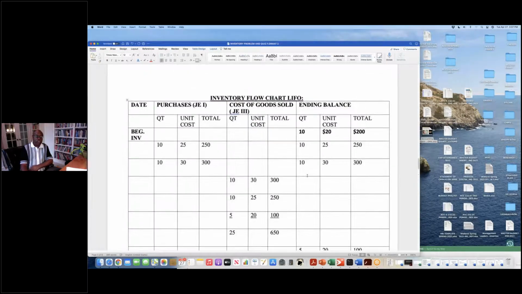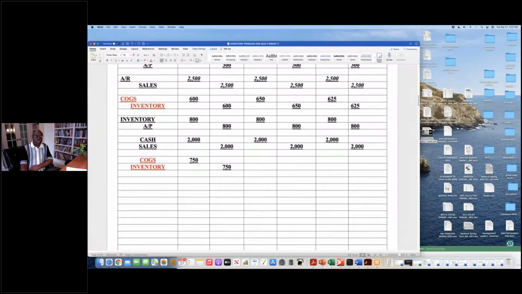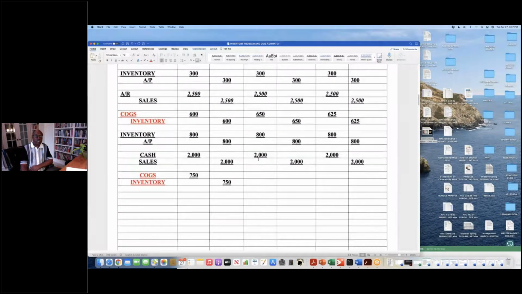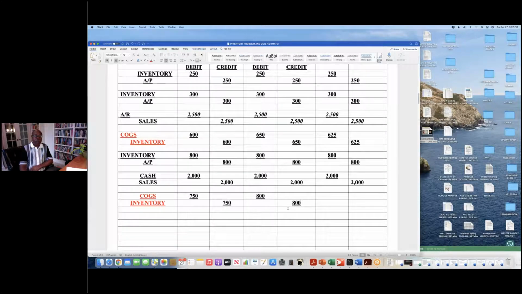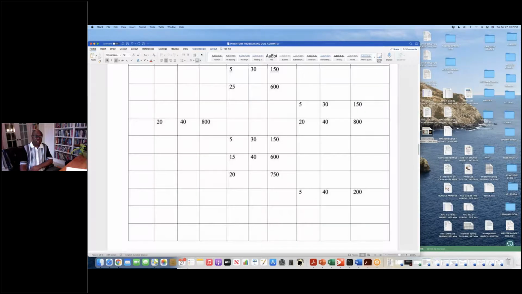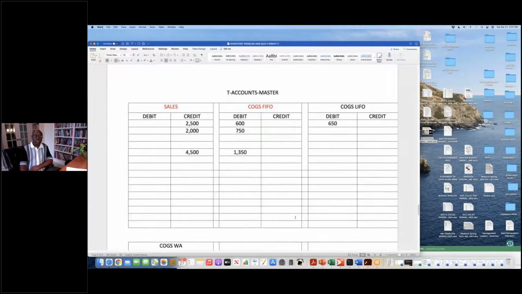And so the 800 then comes in the journal entry for LIFO. The only thing changing is COGS. Now, when we go down to the T chart, for LIFO, we put in the 800. So how much do we have now?